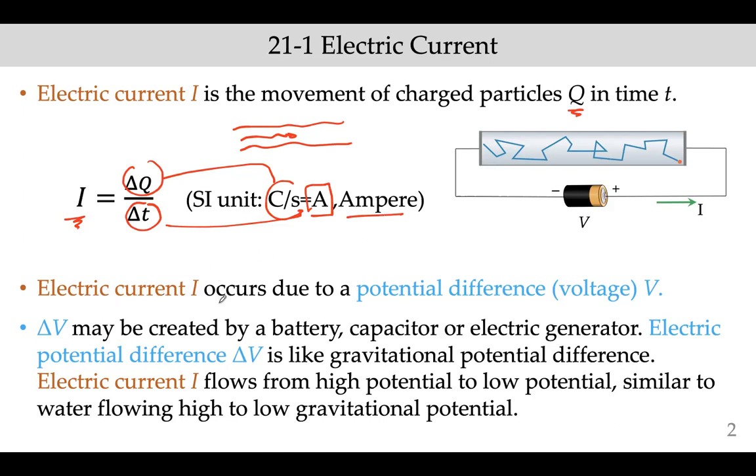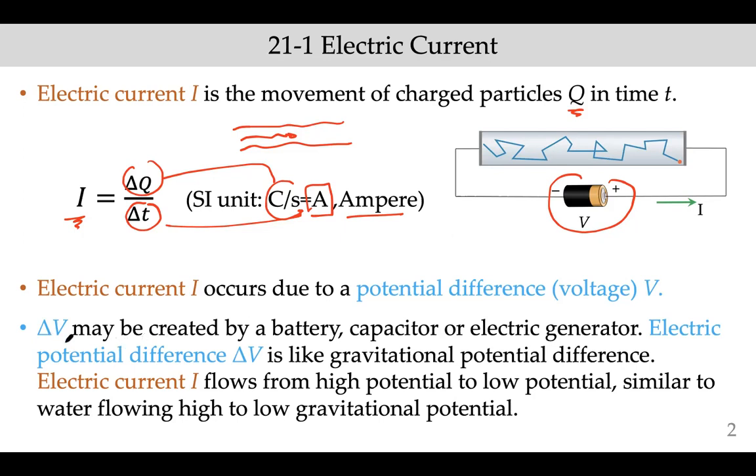Electric current occurs due to a potential difference, which is also voltage. So you have to connect a battery or some potential difference source, some electric source, so that it will provide the potential difference and the current will occur. If there's no battery or a similar source, then there will not be any current.